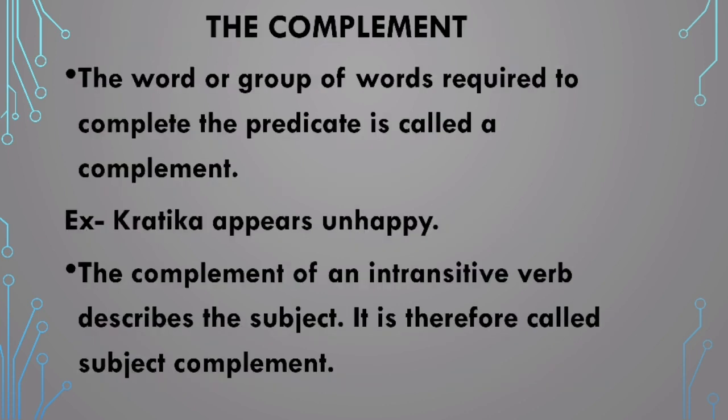Our next part is the complement. The word or group of words which are required to complete the predicate are complement. ऐसे words जो predicate का meaning complete करते हैं, that are known as complement. Let's take an example. Kritika appears unhappy. In this, appears unhappy is the predicate because Kritika is the subject. We are talking about Kritika.